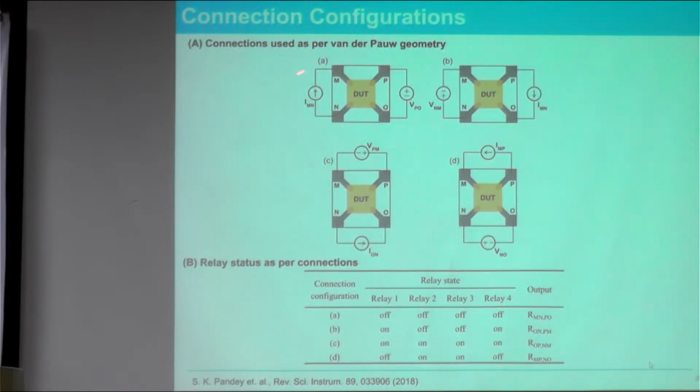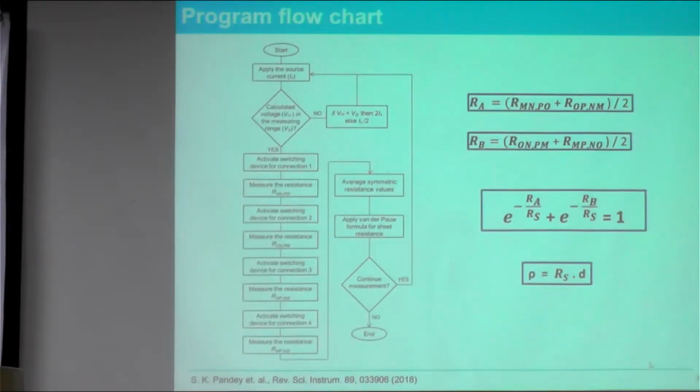So the status of your relay basically gives a particular connection. This is the program algorithm, programmed through LabVIEW, where the whole thing is controlled. We apply a source current value and it is calculating the voltage, and after providing the appropriate connection, it then measures further and again activates the switching network.